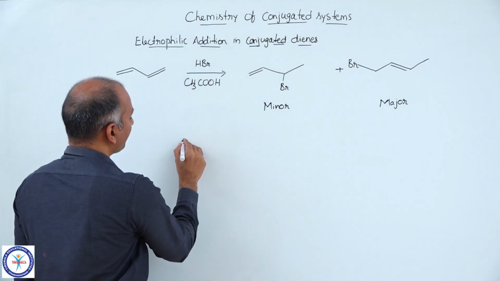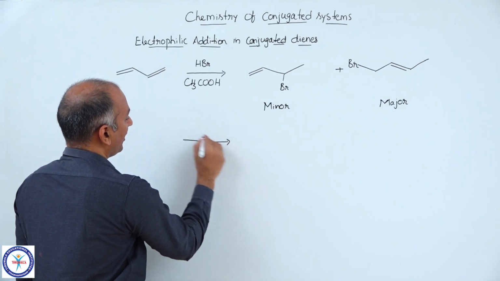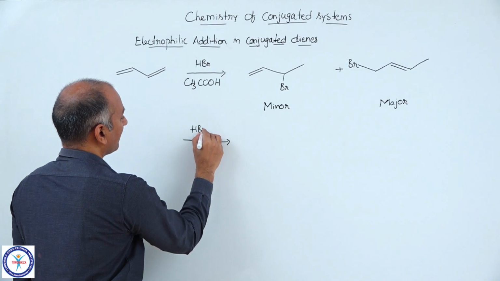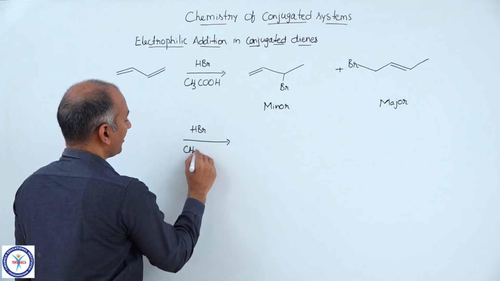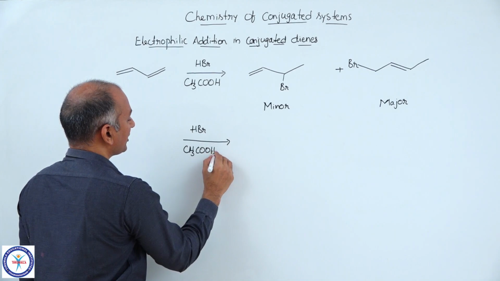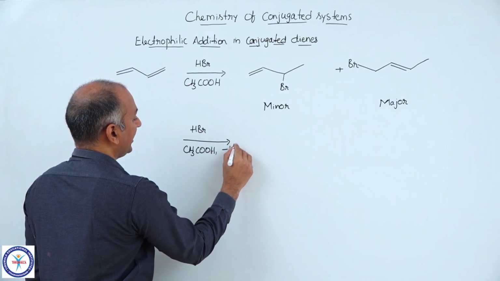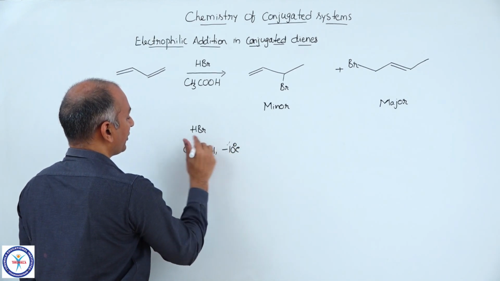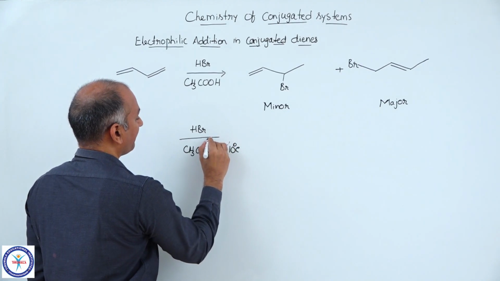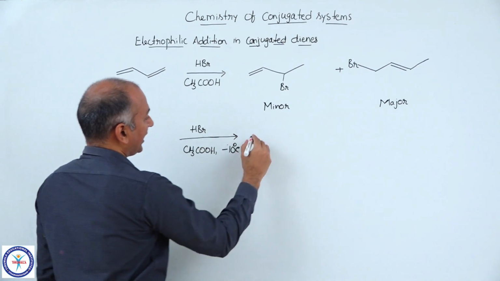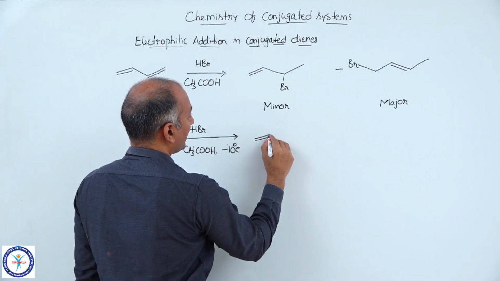Now if you perform the same reaction with HBr in acetic acid, but now you maintain the temperature at minus 10 degrees Celsius, sub-zero temperature, then again two products are obtained.